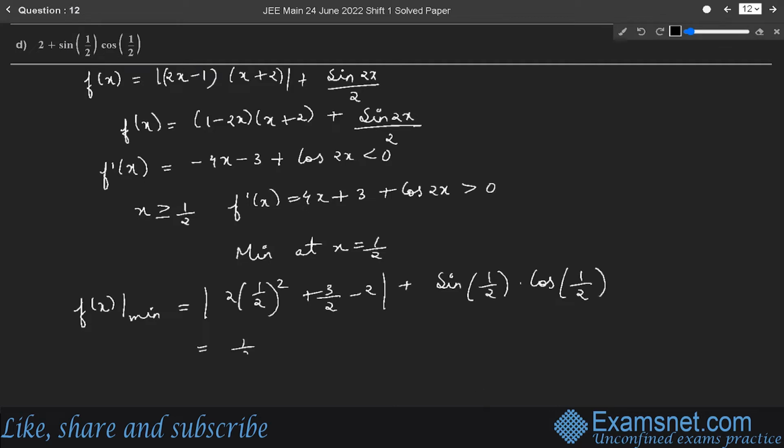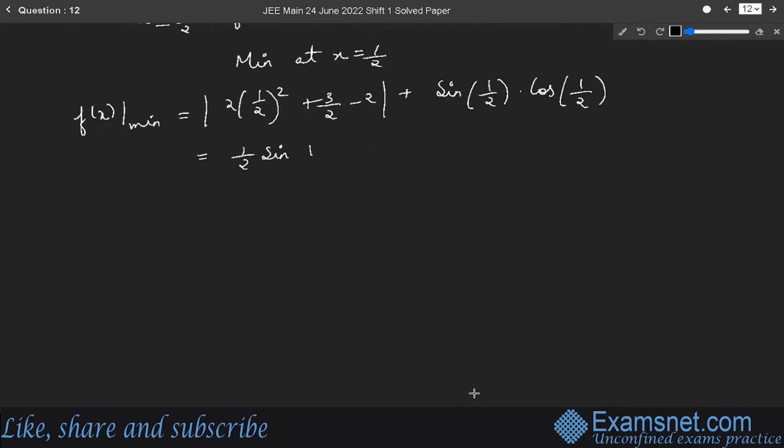So this will be equal to 1 by 2 sine 1. Therefore, we can say that maximum value is possible at x is equal to 0 or x is equal to 1. Now, checking for x is equal to 0 and x is equal to 1, we can see that it attains its maximum value at x is equal to 1. So the correct option for maximum value is x is equal to 1 and not x is equal to 0.